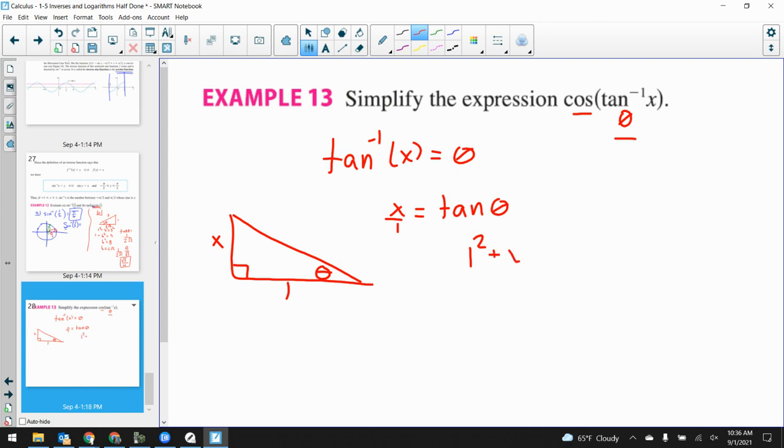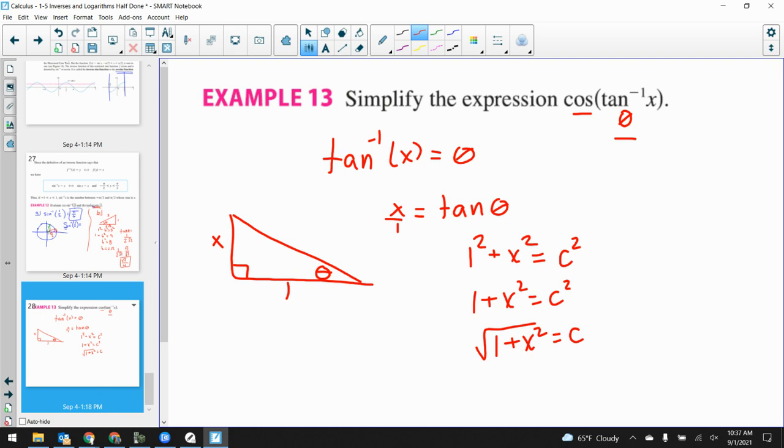1 squared plus x squared is equal to, let's call that c squared. Okay, so that's 1 plus x squared, the square root of 1 plus x squared. That's my c value. I don't have to do the whole plus or minus thing in front of the square root because the length cannot be negative.